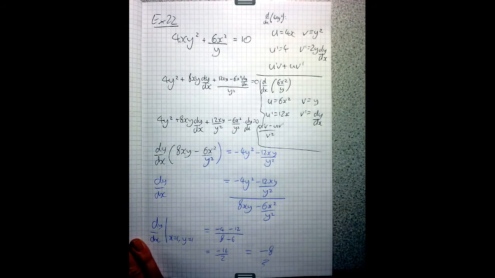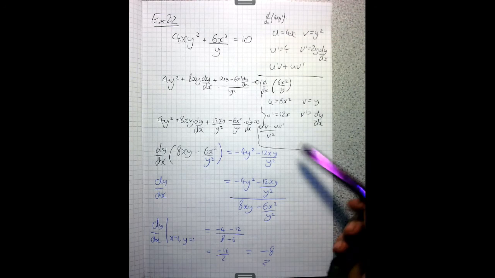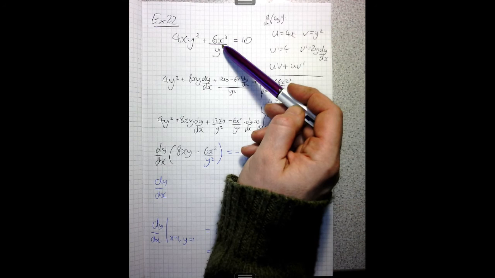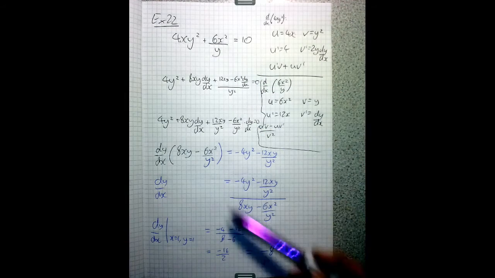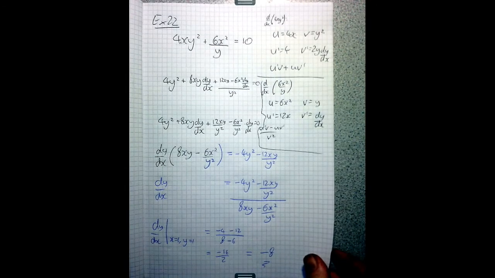So although the expression looks different to the one in the book, they've done it differently to me. They didn't use the quotient rule here. And of course you could write it as a product and use the product rule. Doesn't really matter, of course, as long as your answer is correct. So that was example 22.